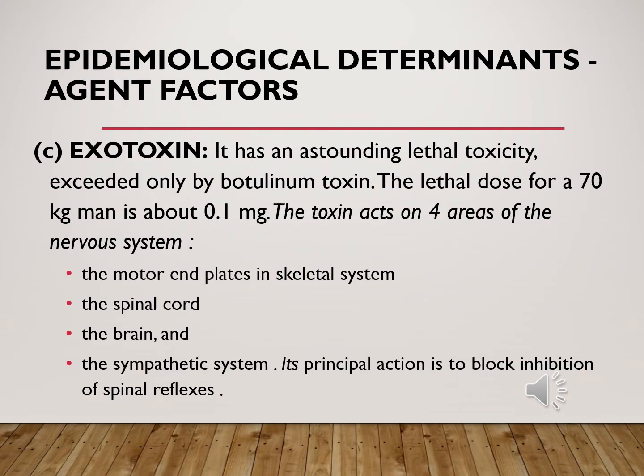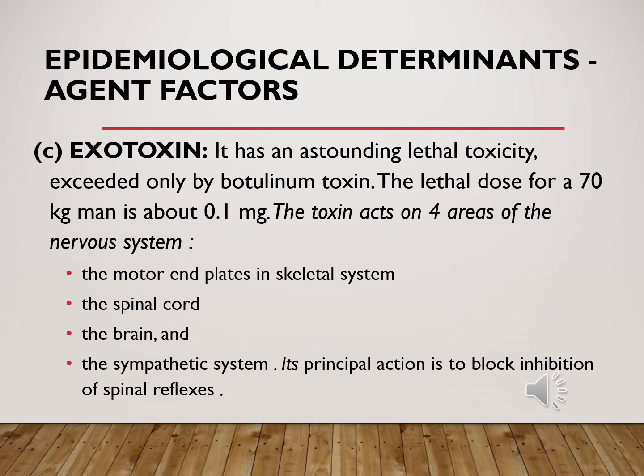Clostridium tetani produces an exotoxin, and that exotoxin has an astounding lethal activity which is only exceeded by botulinum toxin. The lethal dose for a 70 kg man is about 0.1 milligram.